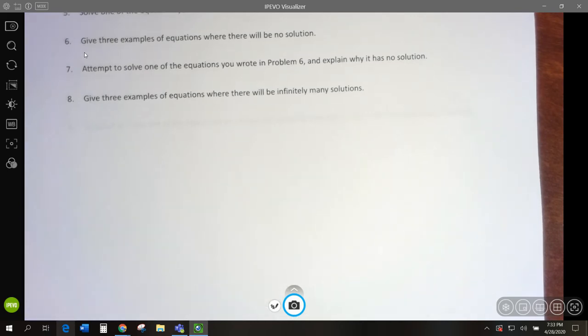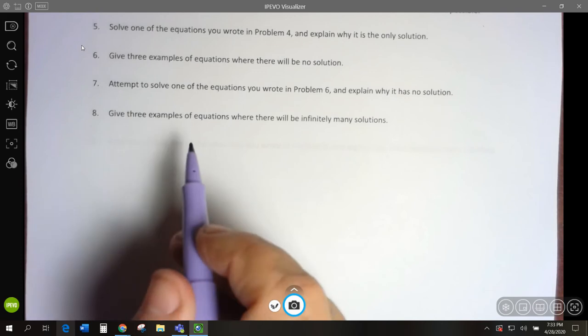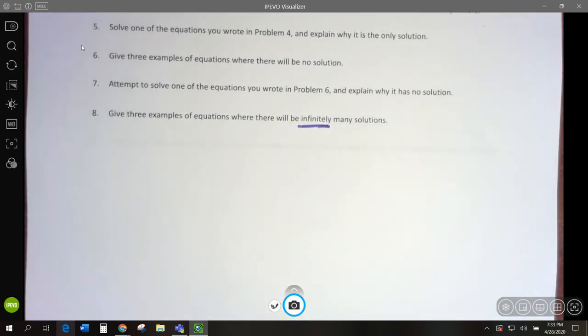Problem number 8, give equations where there's infinite solutions. So if you have the exact same problem, the same number of variables, and you're adding or subtracting the same amount to it, the number you pick for that variable is going to work.